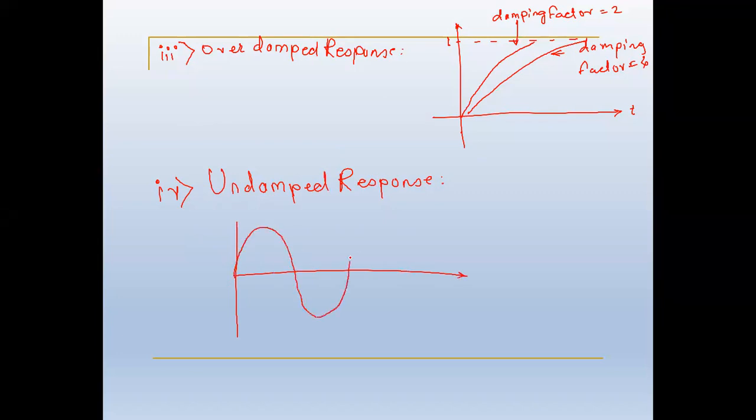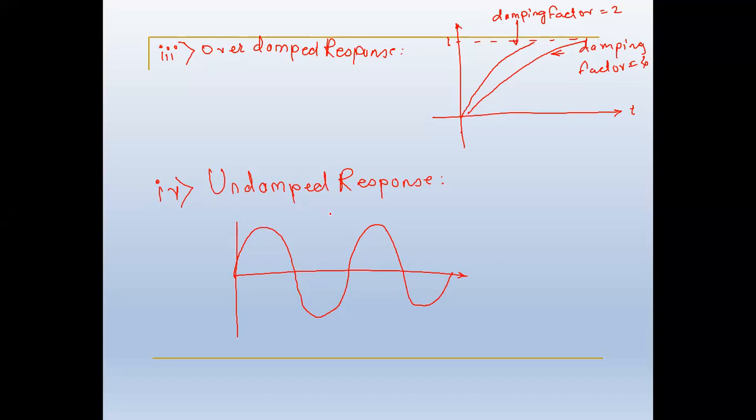There is no variation in the signal. So here there is no damping, and it is also called an undamped response. Here the oscillations are known as sustained oscillations. So these are the different values that we have to identify.